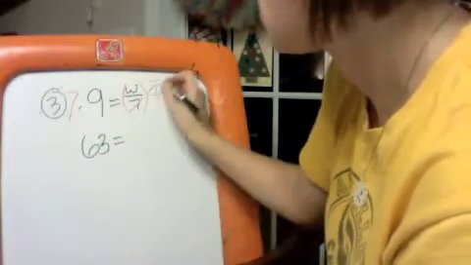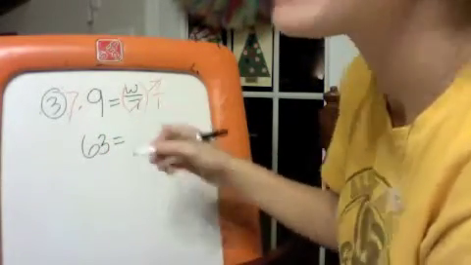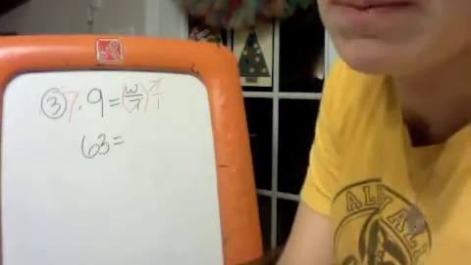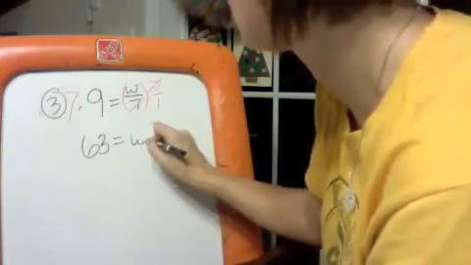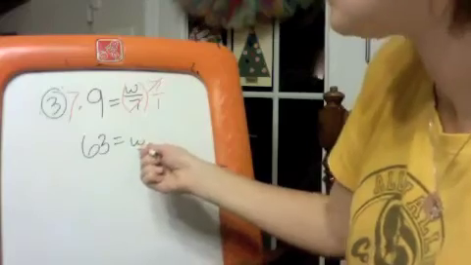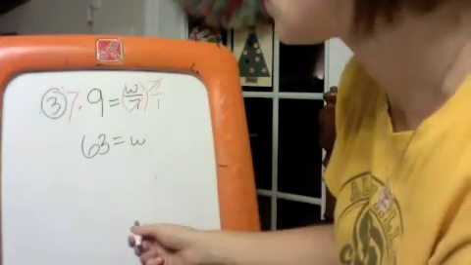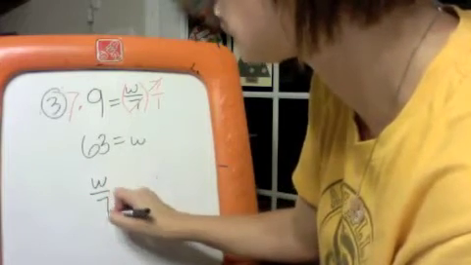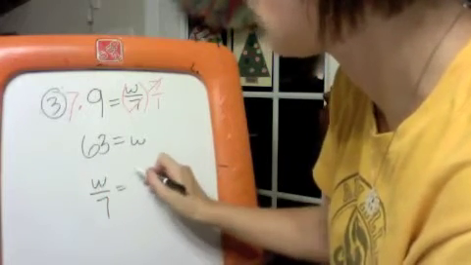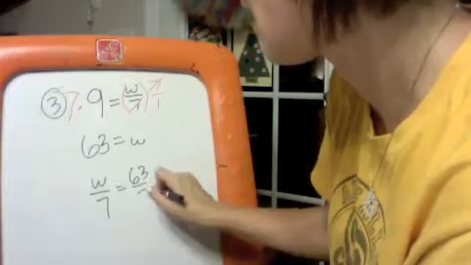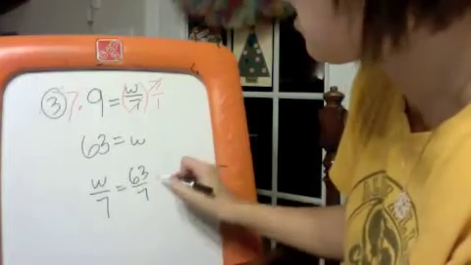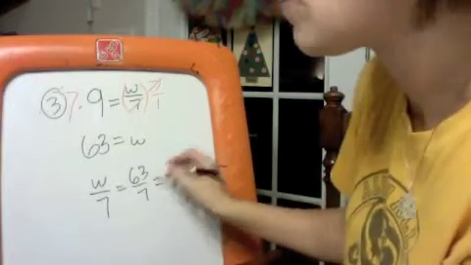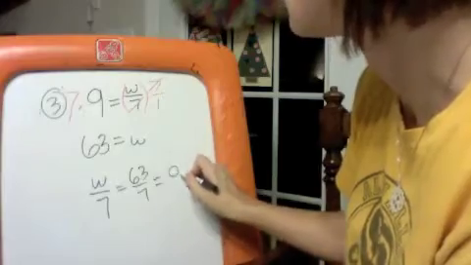I'm left here with a w over 1, and w over 1 would be just w. So my answer is w equals 63, or 63 equals w. To check this, I need to substitute back into that original problem, which will be 63 divided by 7. I know that 63 divided by 7, they're both positive, so it's going to be a positive answer. It's going to be 9.